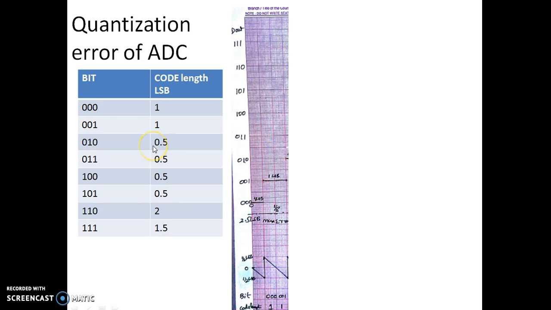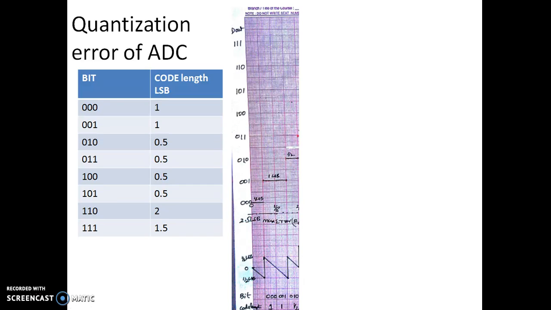The next code length is half LSB. So let us see how it looks. You can see this is a half LSB code length. The output is making a transition from here to here. Since it is half LSB, we are overestimating over here, and there is no error in the quantization.